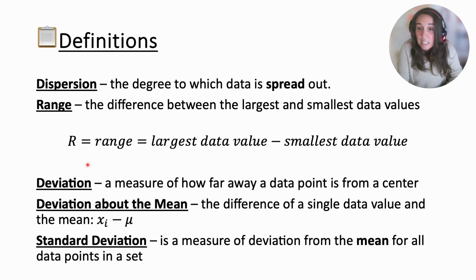And then we have standard deviation, which is a measure of the deviation from the mean for all data points in a set. It's kind of like the average distance any point might be from the mean is a way to think about that. And we're going to use standard deviation a lot.